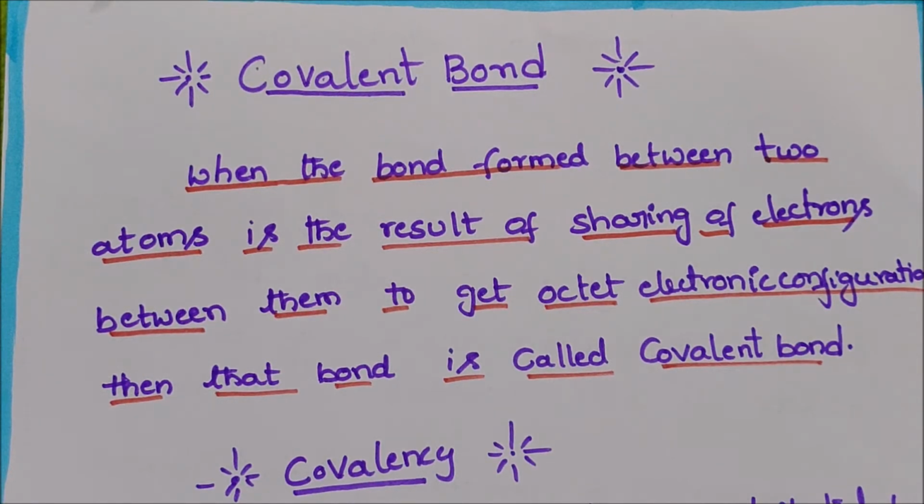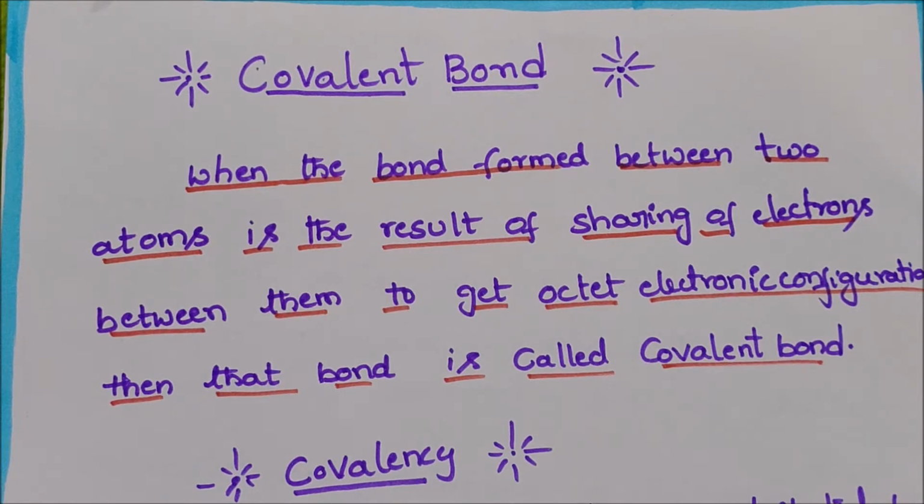What is covalent bond? When the bond formed between two atoms is the result of sharing of electrons between them to get octet configuration, then that bond is called covalent bond. Now we consider two atoms.